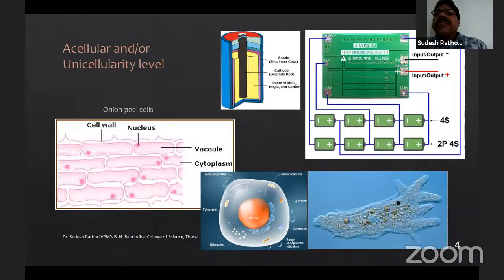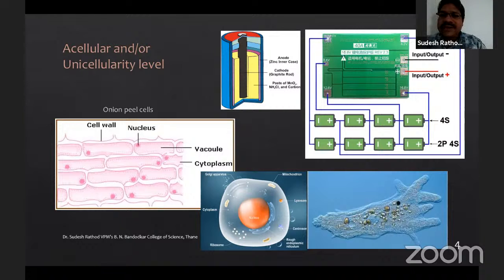This battery produces a current which is essential for driving the mechanism of the circuit. That energy is supplied together. All cells together work to make the unit of that particular circuit function. So this is how the cell and battery mechanism is.